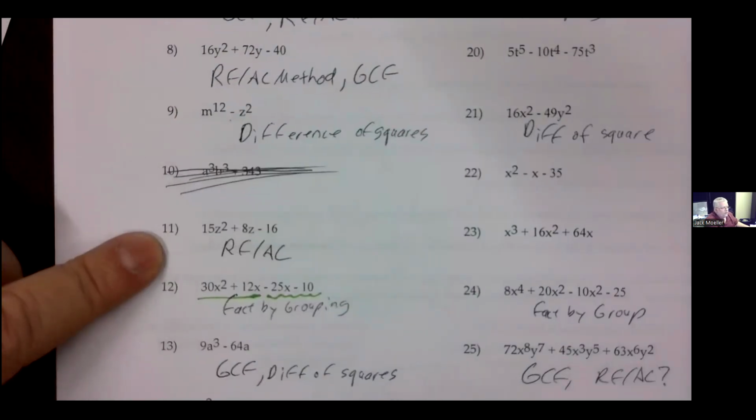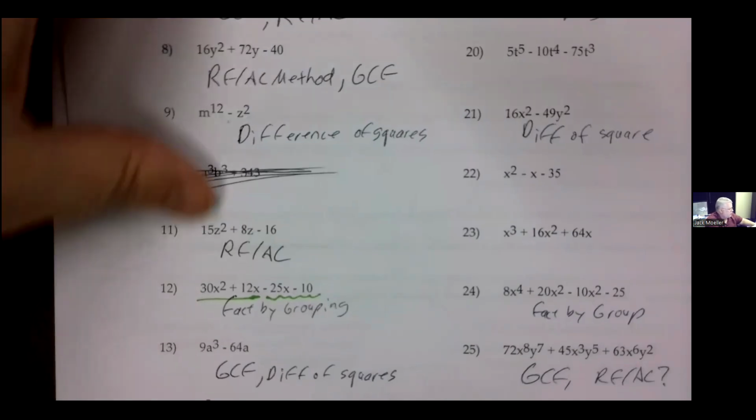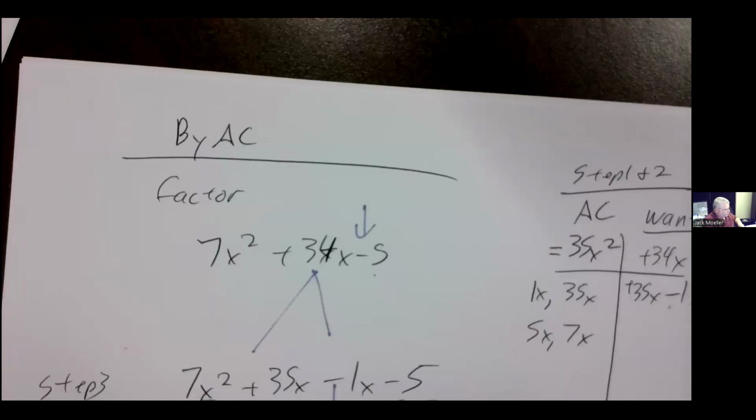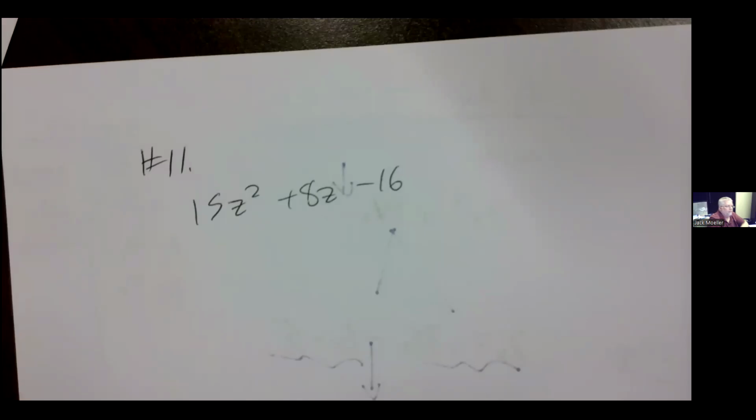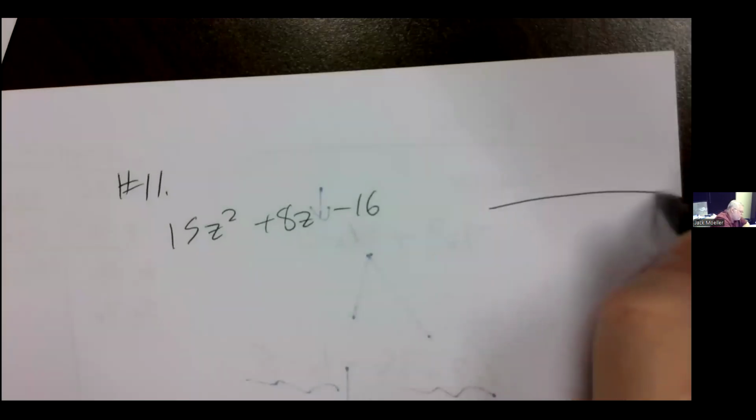We're going to factor 15z squared plus 8z minus 16. This is number 11 from page 2. All right, let's do this by AC method.